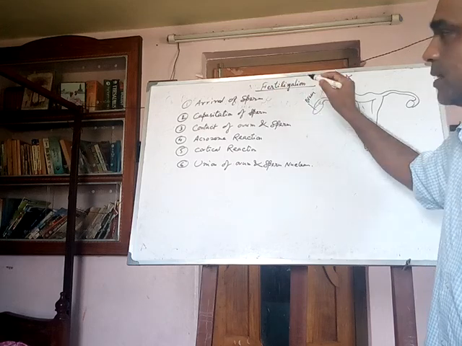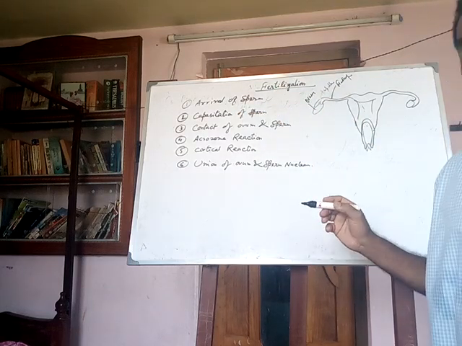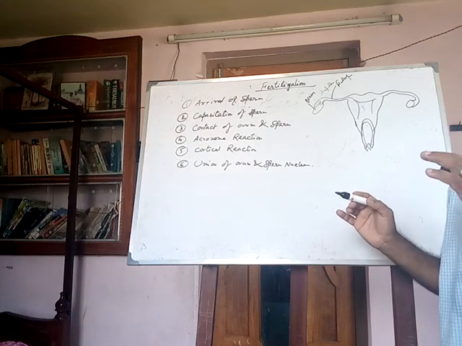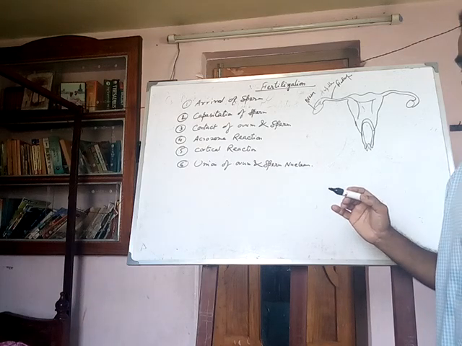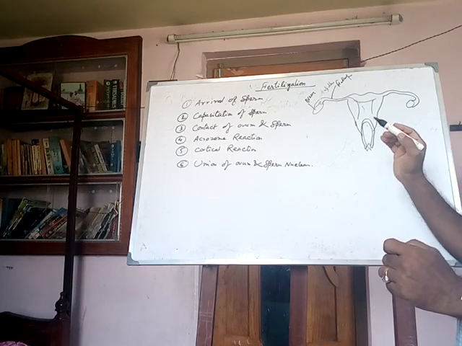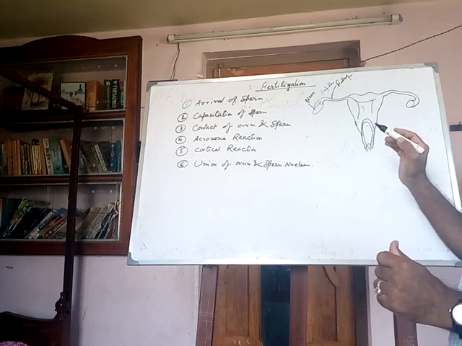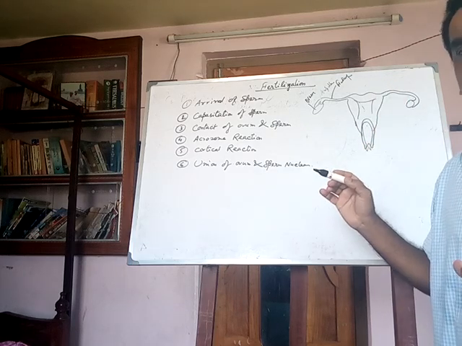Here is the capacitation of sperm. What is capacitation? Capacitation, in its literal meaning, is the capability of sperm. Not any sperm is capable of fertilizing the egg or ovum.